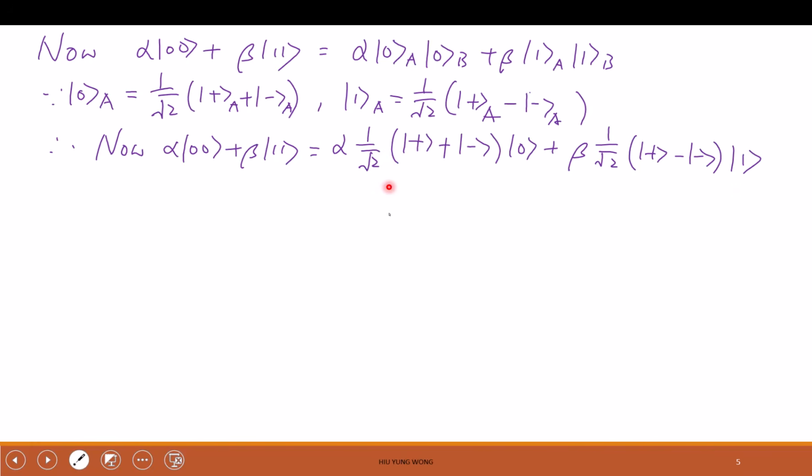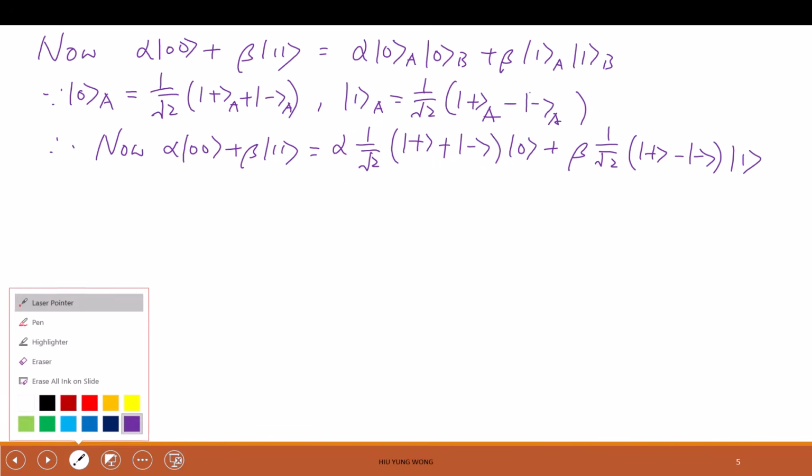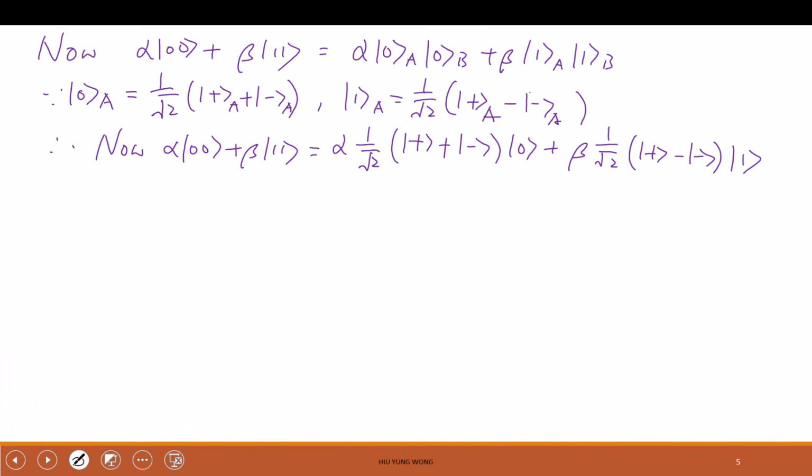You think it's good? What do you think? Okay, alpha is multiplied to |0a> and |0b>, right? So this whole thing is |0a>. Yeah, okay, good.